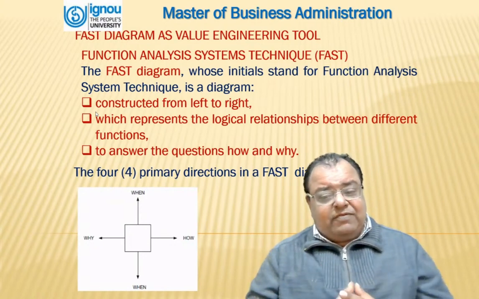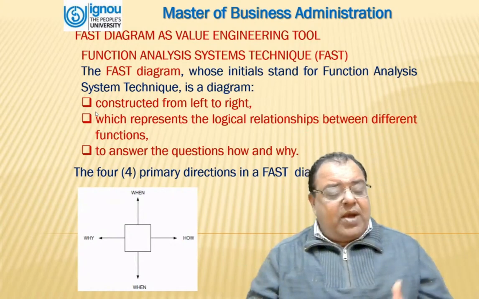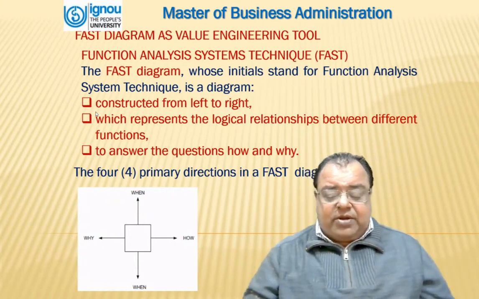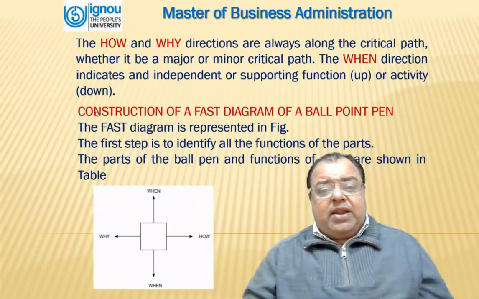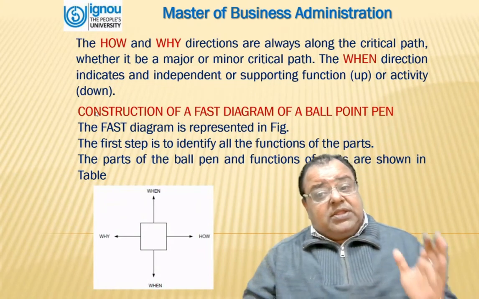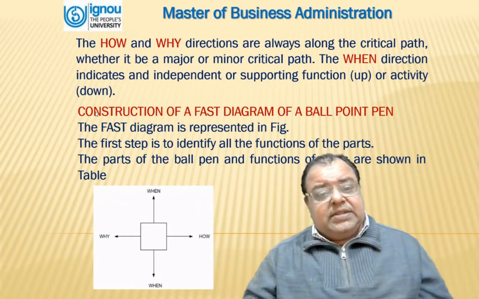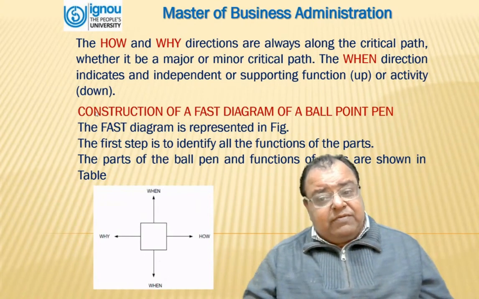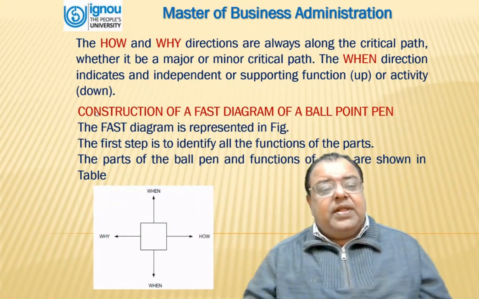The four directions of the FAST diagram are: when at the top, how on the right, why on the left, and when at the bottom. The how and why directions are always along the critical path, whether it may be a major or minor critical path. The when direction indicates the independent or supporting function or activity done.